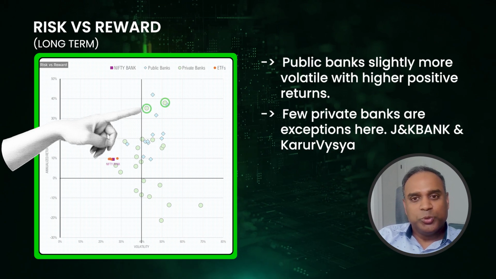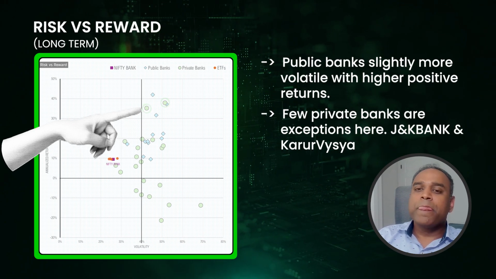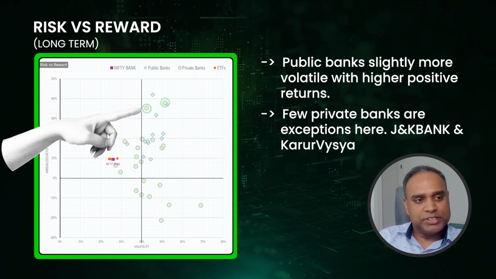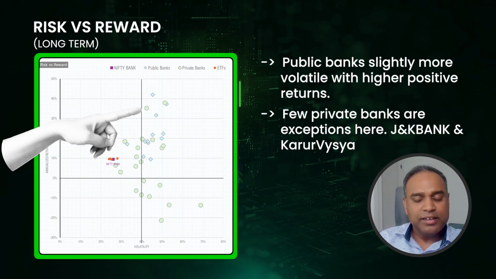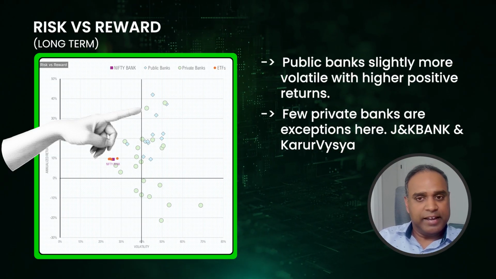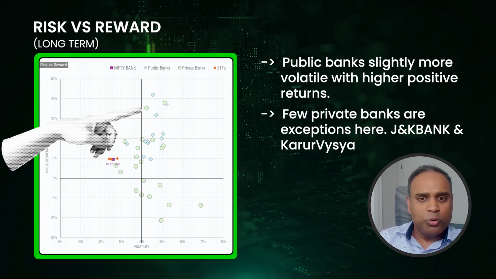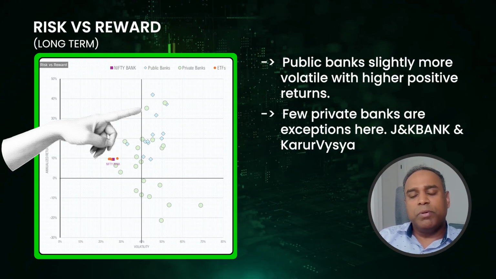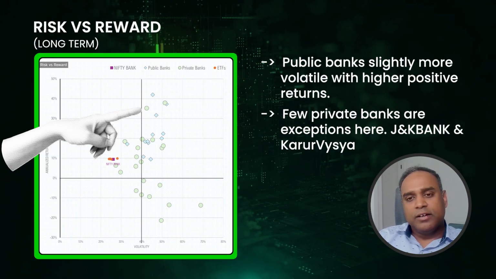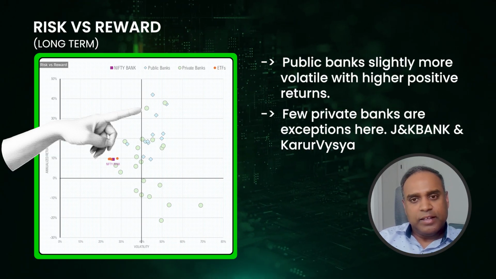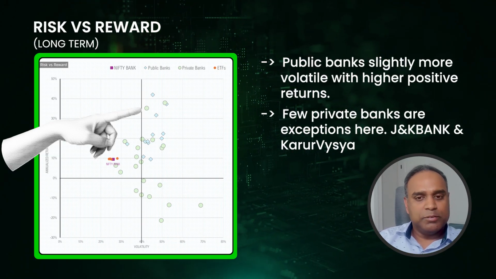You can see these two green circles at the top. These represent two private banks, J&K Bank and Karur Vysya Bank. They have very good returns, and they are in line with the volatility of the public banks. So they stand out. But overall, you see a pattern where public banks have higher returns in a 5-year span, and their volatility is a little bit higher as well.